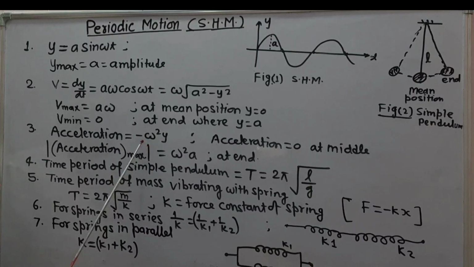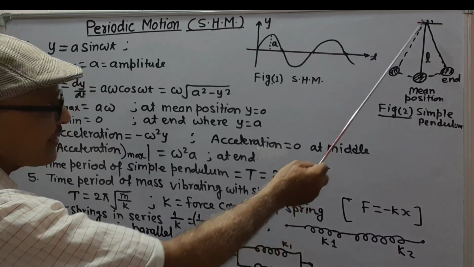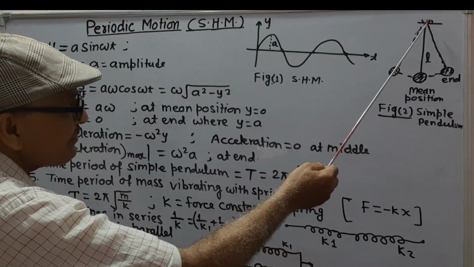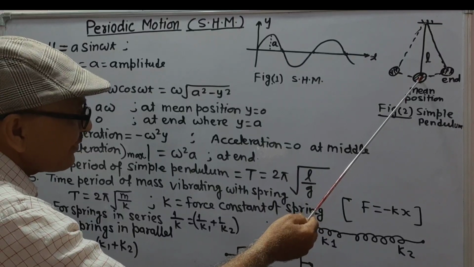Next, the time period of a simple pendulum is given by T is equal to 2 pi under root L by g, where L is the effective length of the simple pendulum measured from the point of suspension to the center of the bob.